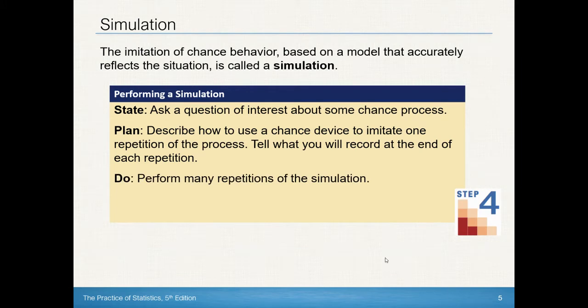So, we're imitating a chance behavior. Let's say that a baseball player has a 65% chance of hitting the ball.